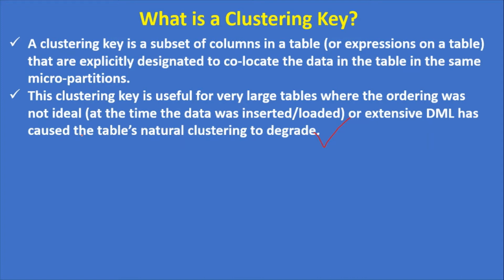One, for large tables where ordering was not ideal, whatever order was inserted or loaded may not be useful when you run the query, meaning you may not get good performance while executing that query. Or if you are performing extensive DML operations on that table, then the default clustering may degrade. So in that case, we have to go for the clustering key.